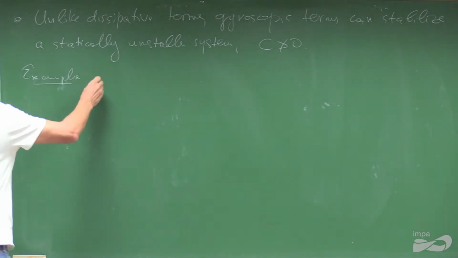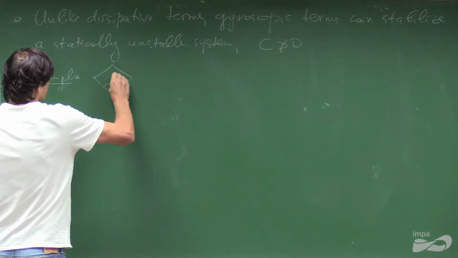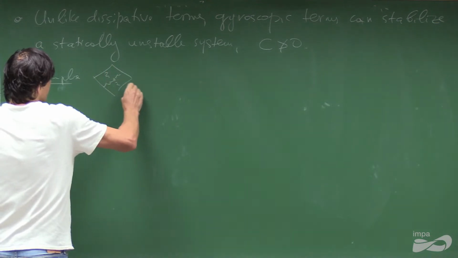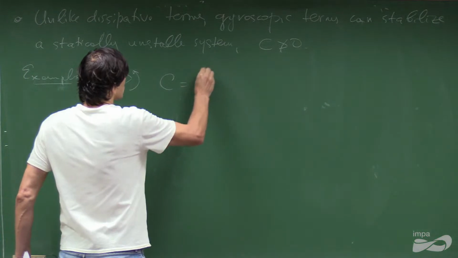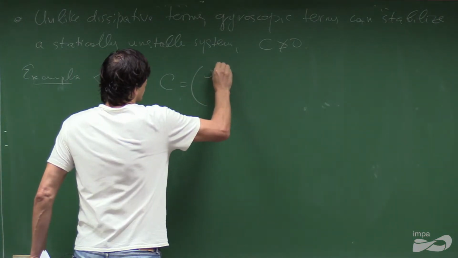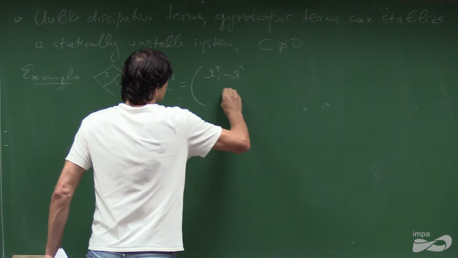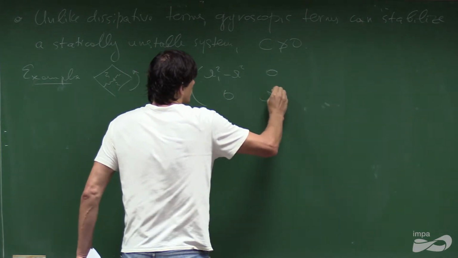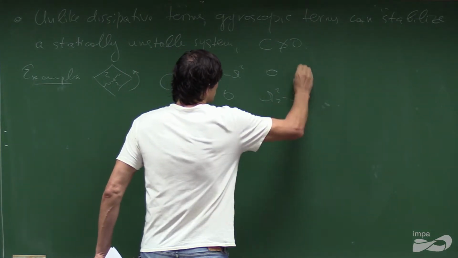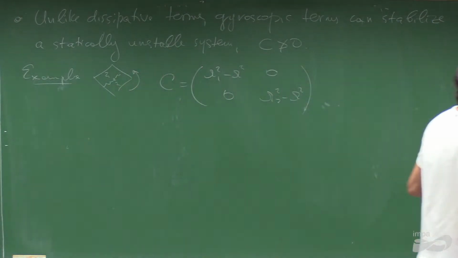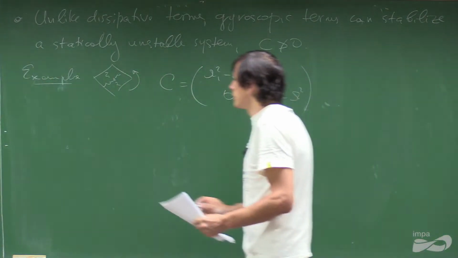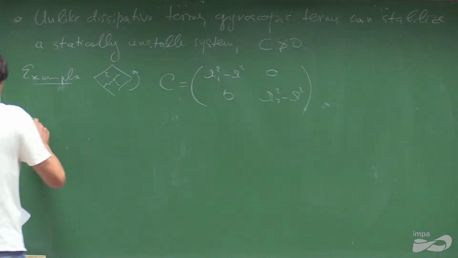In our example with this mass, this matrix C was what? It was omega 1 square minus omega square, 0, 0, omega 2 square minus omega square. So what you have is that there are two stable situations.